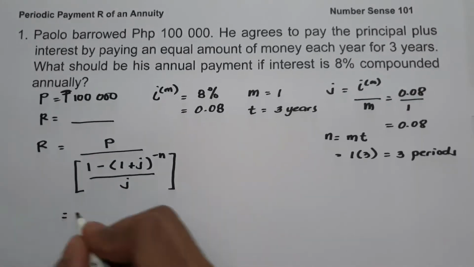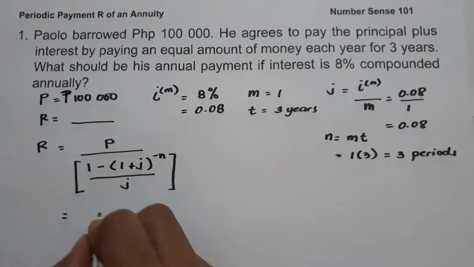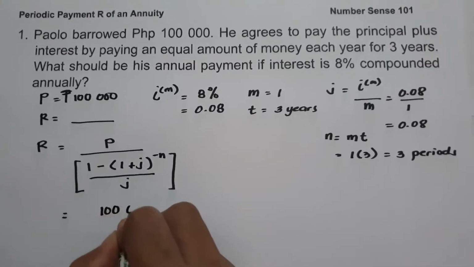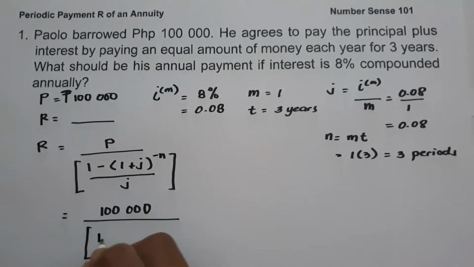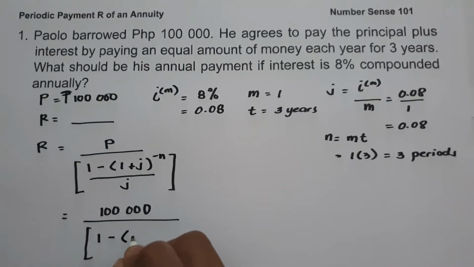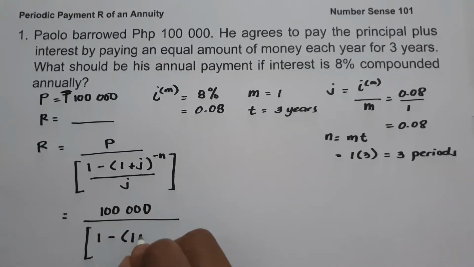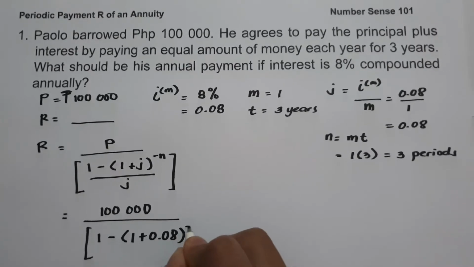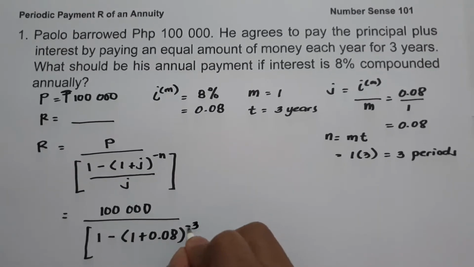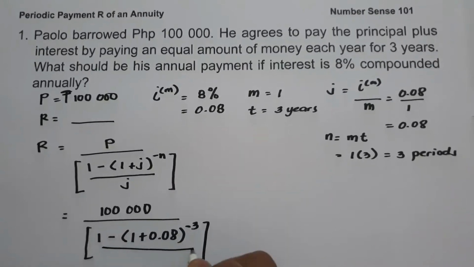So let us substitute our given. So let us have the present value, that is 100,000 divided by 1 minus quantity 1 plus the value of J, that is 0.08, raised to negative n, that is negative 3, all over J, that is 0.08.